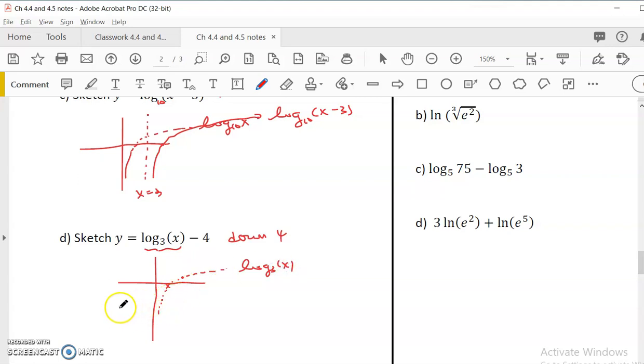Down 4 means the whole thing shifts down 4. So instead of having the x-intercept like this, my 1 would be here. Eventually, it would go through and touch the x-axis. So this is log base 3 of x minus 4. It's down 4. Okay.